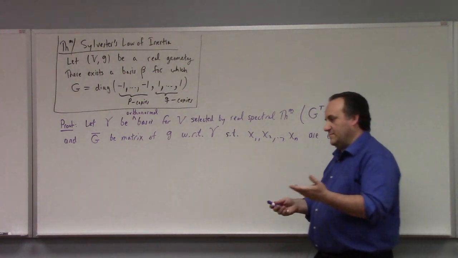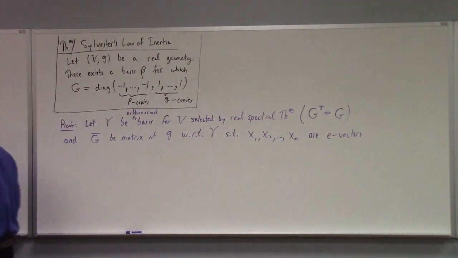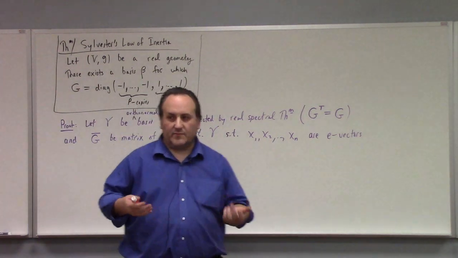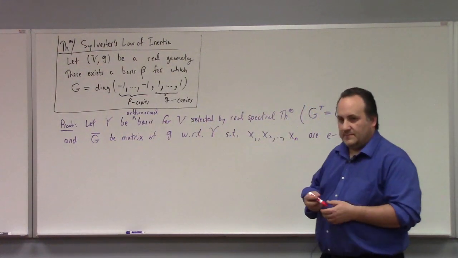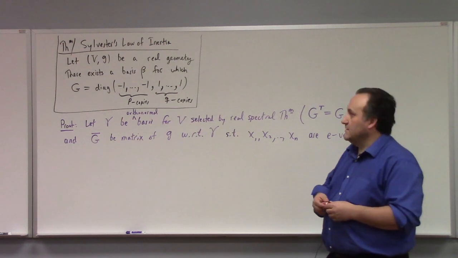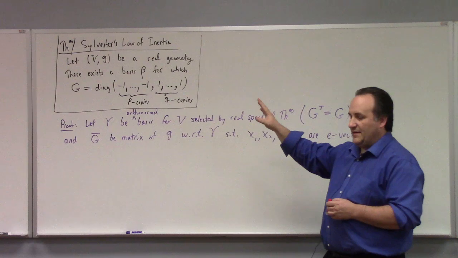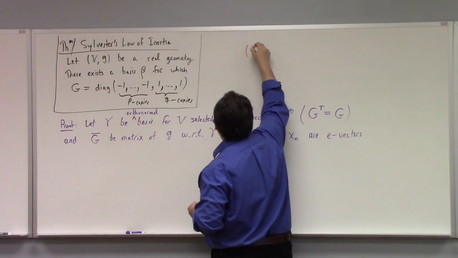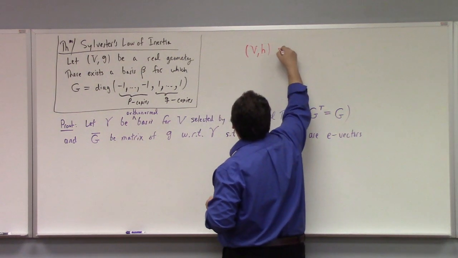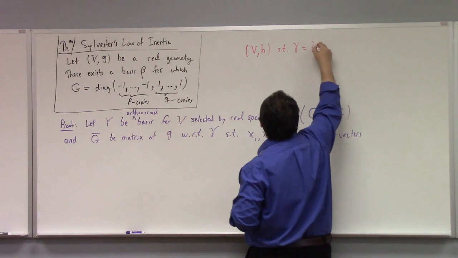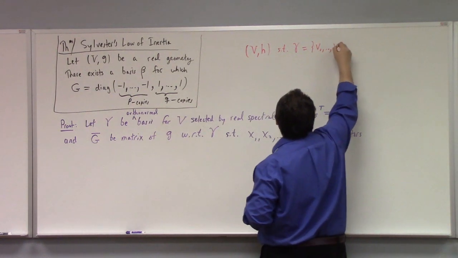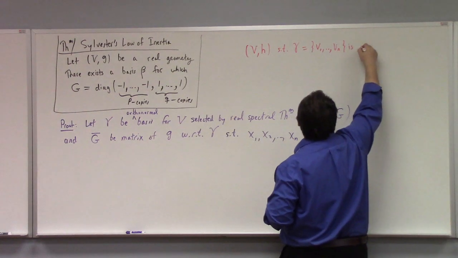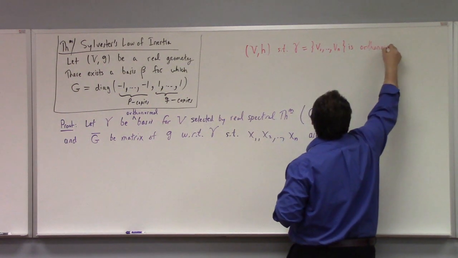Let me beg your indulgence. Remember we described that we could take any finite dimensional vector space and create an inner product. I'm not assuming G is an inner product. What I'm saying is that I can pair V with H such that gamma is orthonormal.